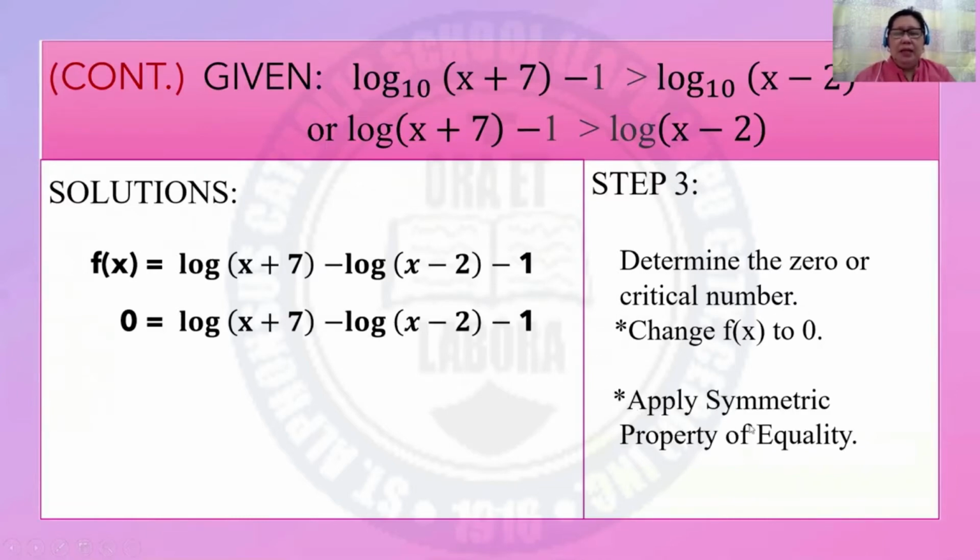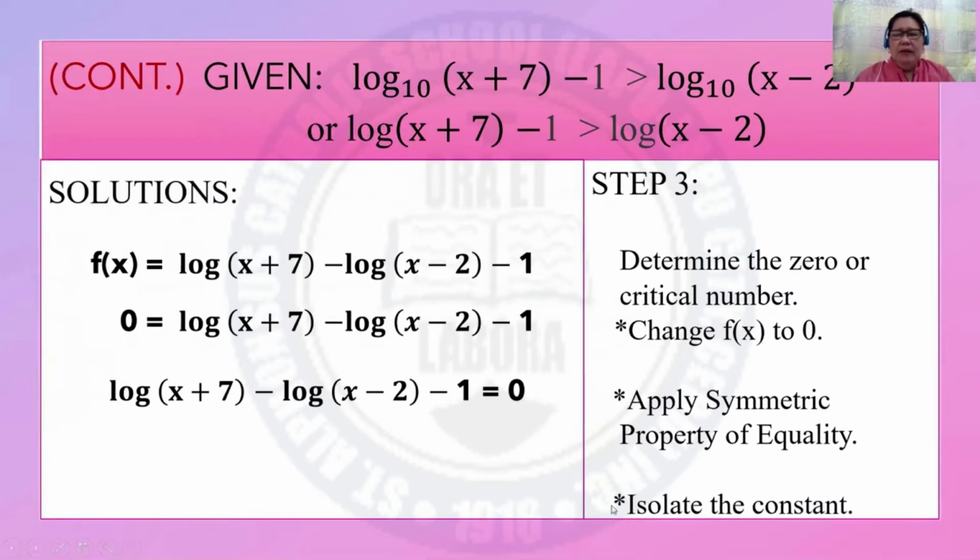And you can apply the symmetric property of equality. And we can have now the logarithm of the quantity x plus 7 minus the logarithm of the quantity x minus 2 minus 1 equal to 0.